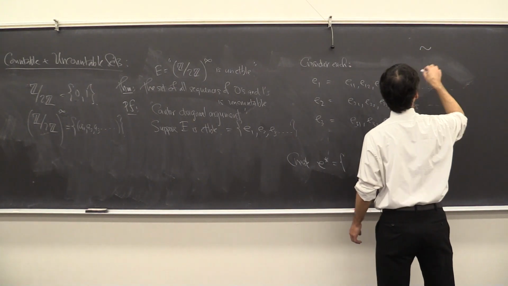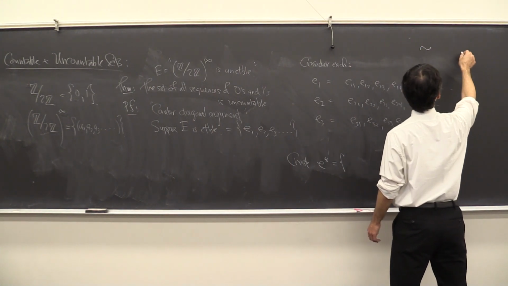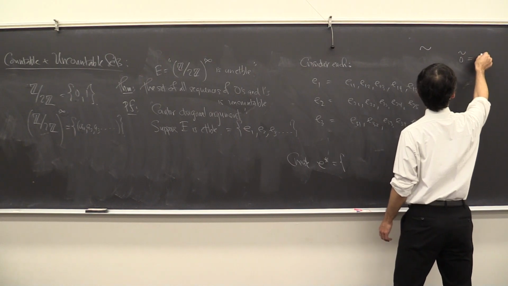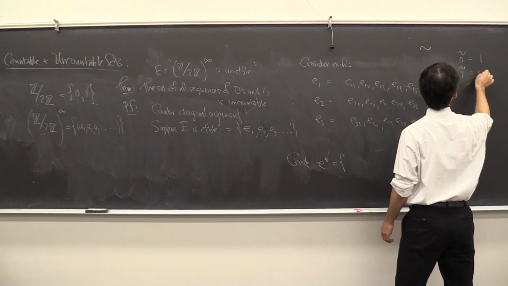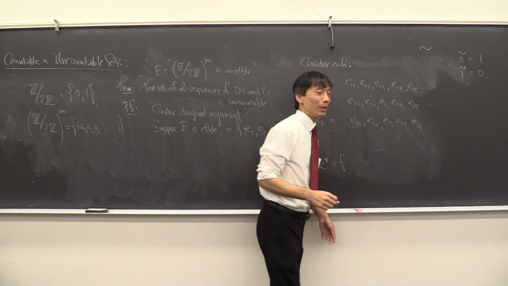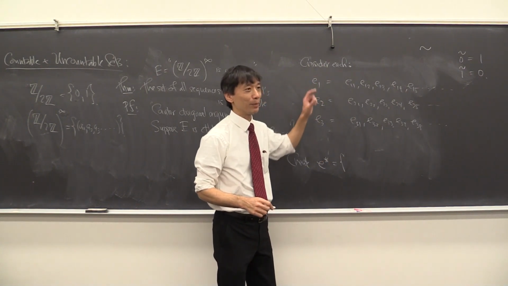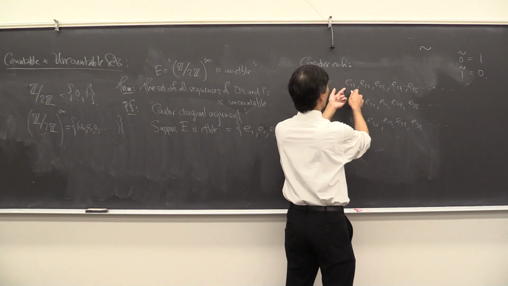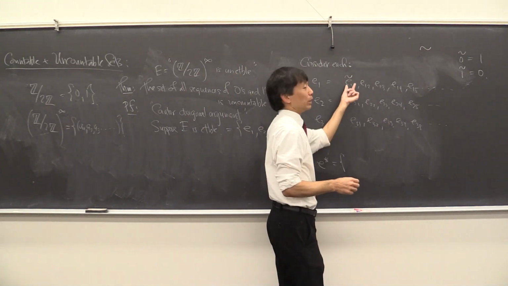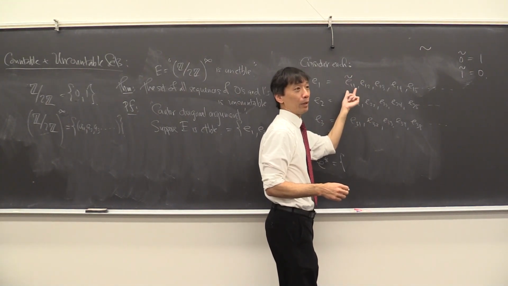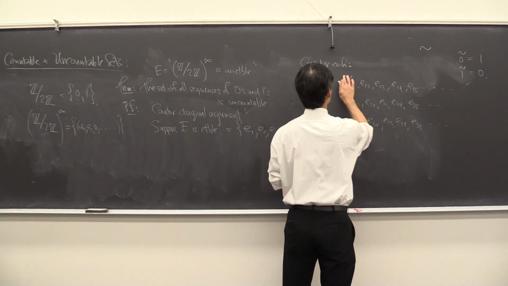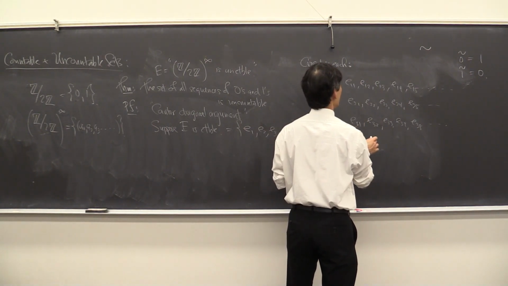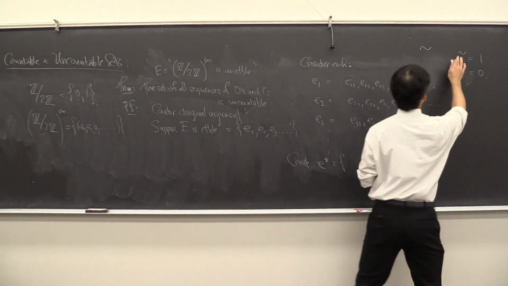What twiddle does is, twiddle over 0 is 1, and twiddle over 1 is 0. So it just flips them. So if E11 were 1, E11 twiddle would be 0. Or maybe I should call it star. Yeah, I'll call it star.